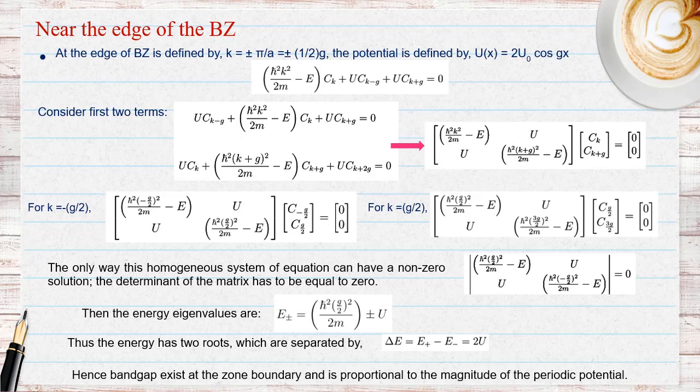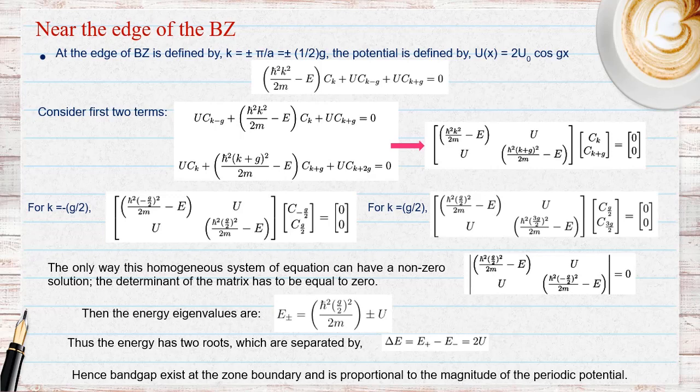The only way this homogeneous system of equations can have a non-zero solution is if the determinant of the matrix is equal to 0. Then only we can have non-zero solutions for the coefficients. For the first two coefficients, C(minus g by 2) and C(plus g by 2), we can write the determinant: (h cross squared (g by 2) whole squared by 2m minus E), U, U, (h cross squared (minus g by 2) whole squared by 2m minus E), equal to 0.